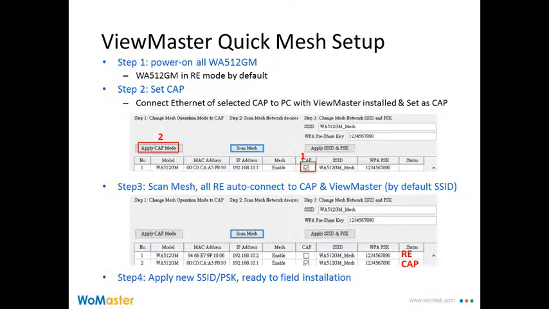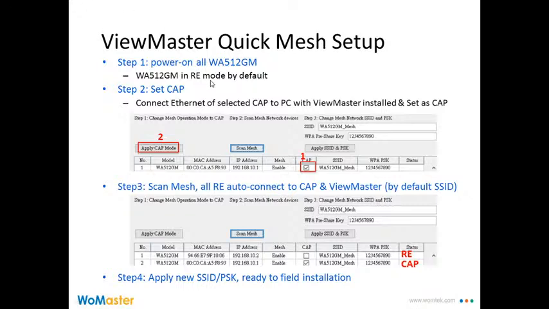Here, what I'm going to do is show you how to configure by our utility ViewMaster. The same concept is implemented in the web console as well. Here is an easy function in the ViewMaster. We call it the Quick Mesh Setup.